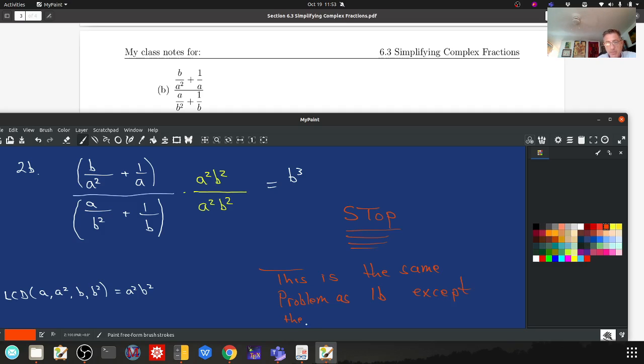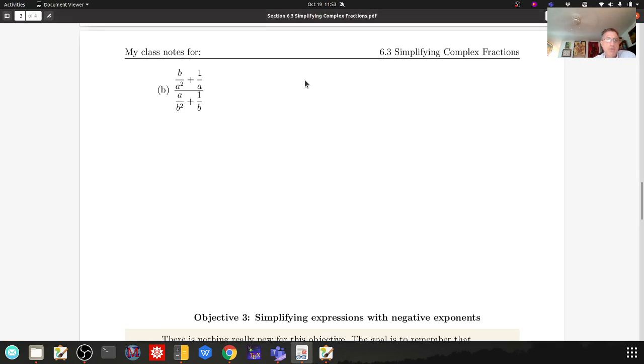The variables have been renamed. So there's no reason to do this one again, although you may want to. And A was X and B was Y, and the final answer was B over A in parentheses squared.